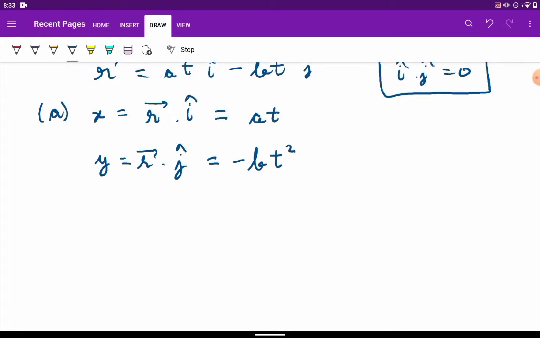So now it's very easy. From the first equation you can see t = x/a. Now substitute that here.